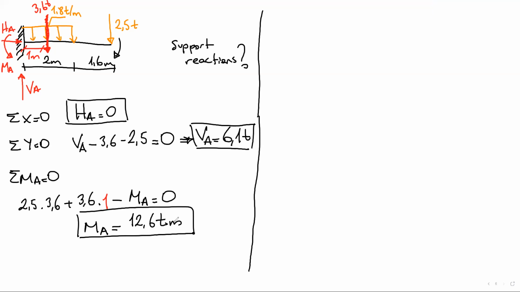Because it's not the moment. You are talking about this one? Yes, this is a distributed load, that's why it's per meter. At each meter, we have 1.8 ton. So what we did, we converted it to a concentrated load, so it becomes ton.